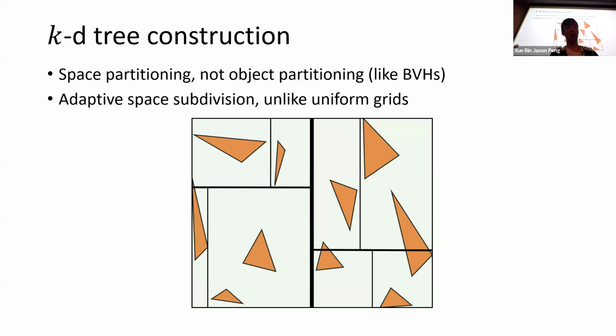So you can use, let's say, the median heuristic or maybe even the surface area heuristic in order to try to find a good partitioning of the scene. But for the most part, the construction process will be fairly similar to a BVH. We use some heuristics to find a good partition, and then we just recursively apply that heuristic to split the partition down to smaller and smaller cells.